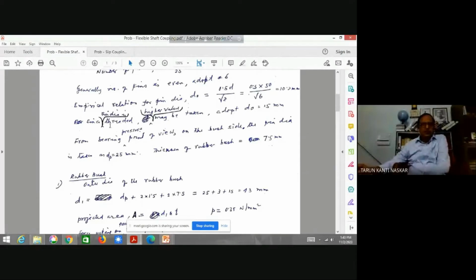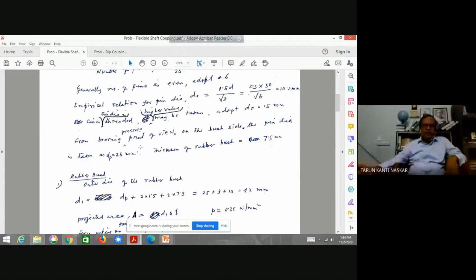Now since this diameter is threaded, for the bush pin type of flexible coupling you can remember that there are two ends. One is the lower diameter end and another one is the higher diameter end. So here this D0 is for the lower diameter end, and this is threaded. So it is calculated as 10.2, and we can adopt a higher value, say 15 millimeter.